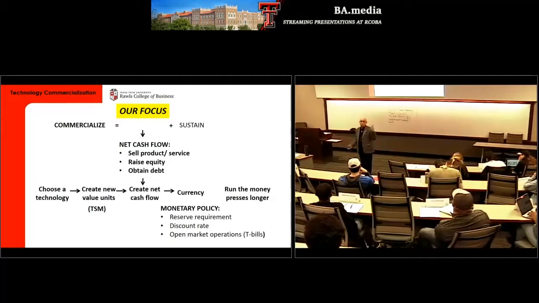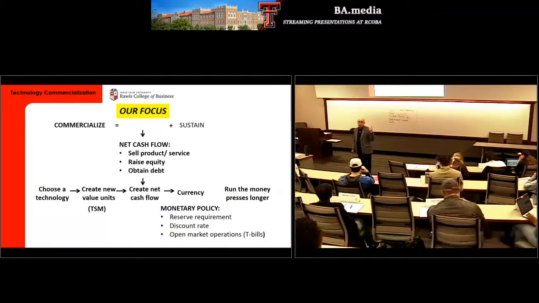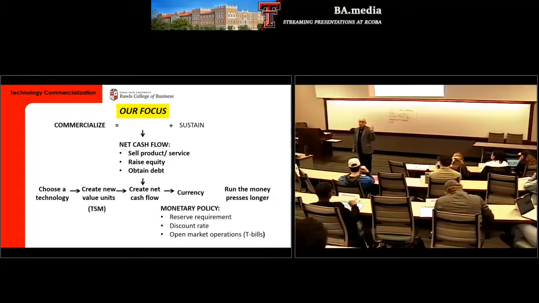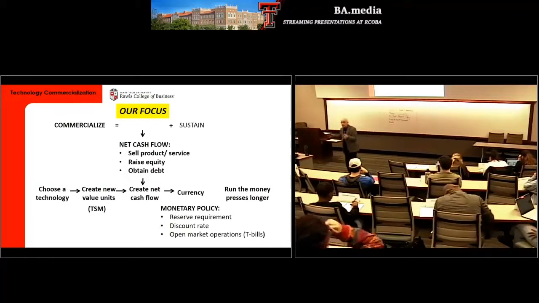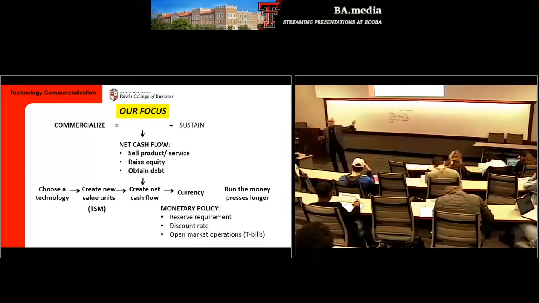Okay, so 3 thermostats. Reserve requirement, up and down. The discount rate, up and down. Open market operations, the buying and the selling are counterintuitive. It sort of sounds backwards. When the Fed, the Dairy Queen of money, okay, wants to send money into the economy, how does it do it?